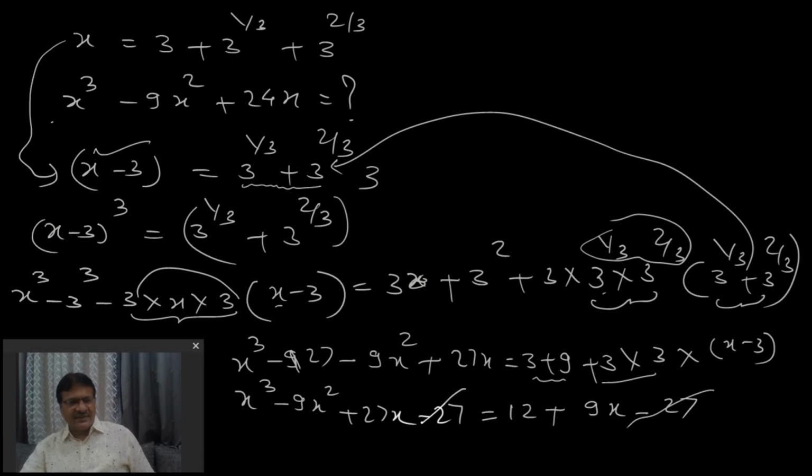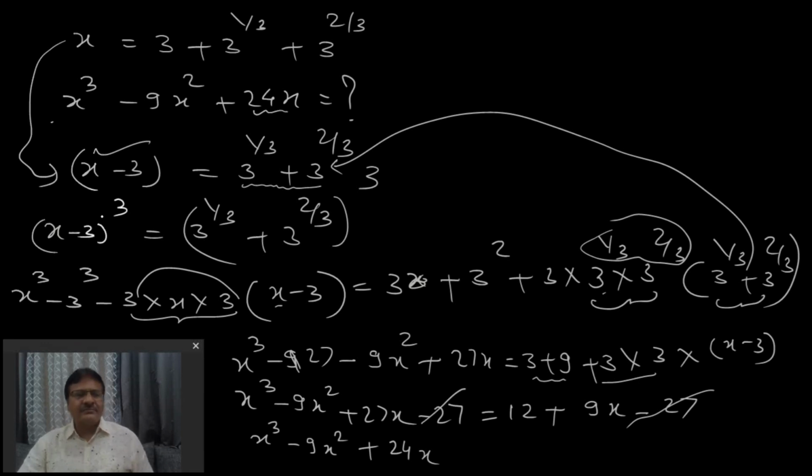Can I cancel this 27 both sides? So here I am getting x cube minus 9x square plus 24x. 27x and 9x. Just a minute, what mistake am I doing here? Let me check whether it is correct or not.